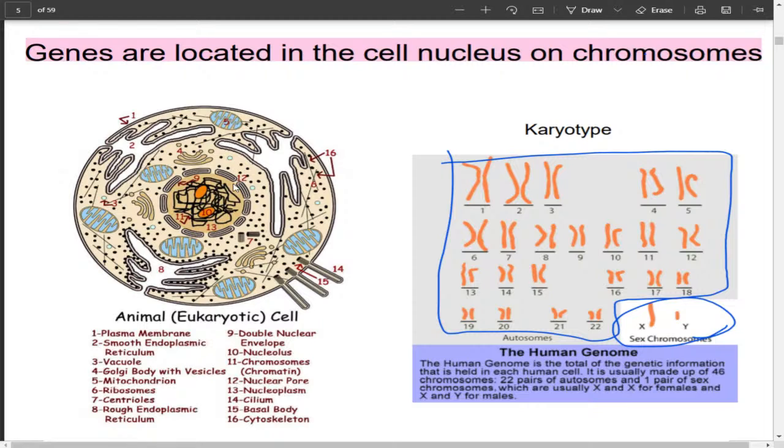The nuclear pores are small pins or small holes within the double nuclear envelope, called the nuclear pores.